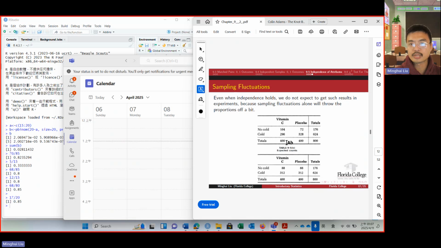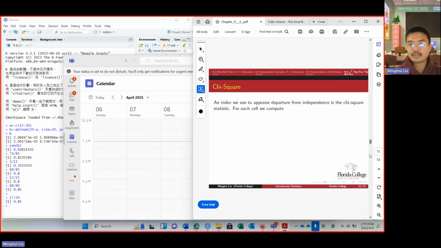You see these two tables are very different, and we might be inclined to say that these two attributes are dependent, or in other words, taking vitamin C will help to prevent the cold. However, is it different enough for us to make this conclusion?